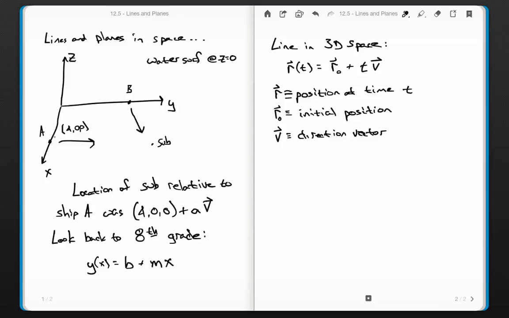Just like we imagined the position relative to ship A as a scaling of this direction vector here, right? We can say the same thing here, where we start with an initial position, which in our original case with the sub hunting would be 4, 0, 0. And then t was our unknown parameter. Over here we call it A, and v is the direction vector.